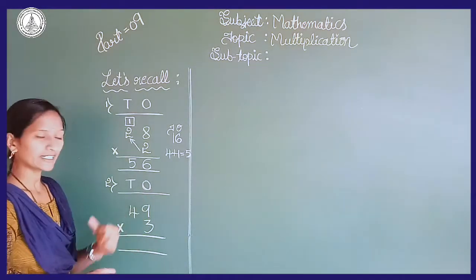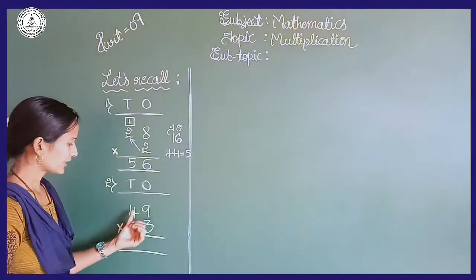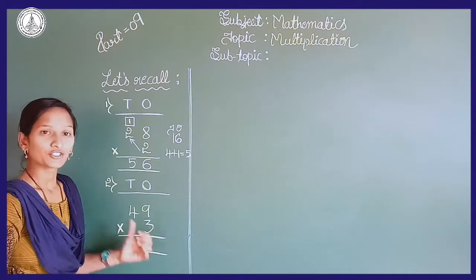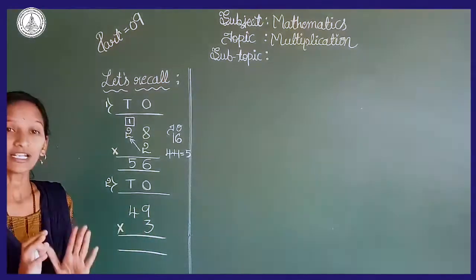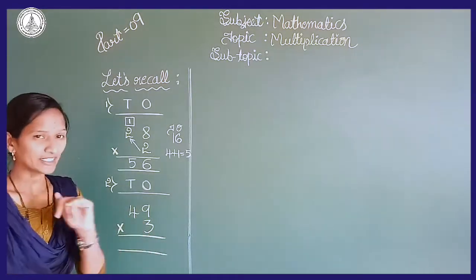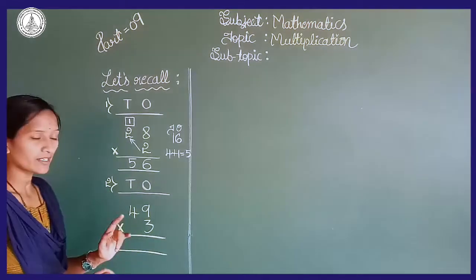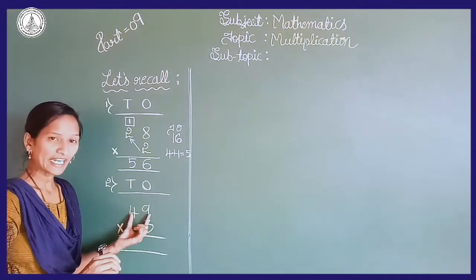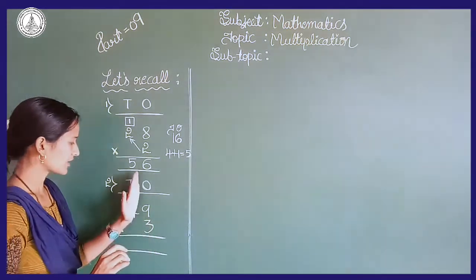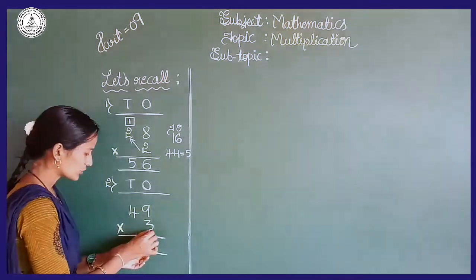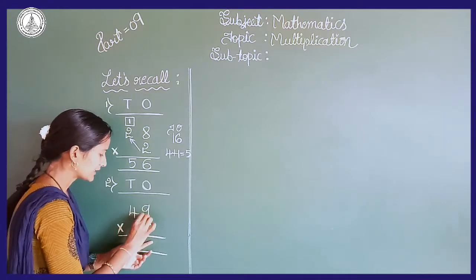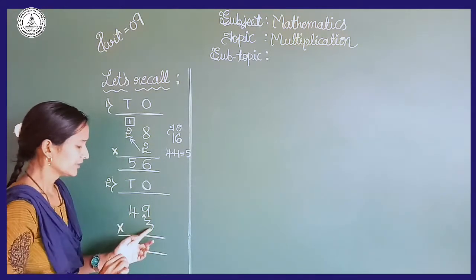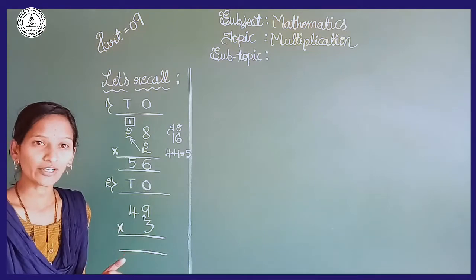Now come to the second problem. 49 into 3. Here 49 is the multiplicand and 3 is the multiplier, right? The first step is you have to multiply the multiplicand with the multiplier. First come to the ones column. So 3 into 9. 3 nines are equal to what?